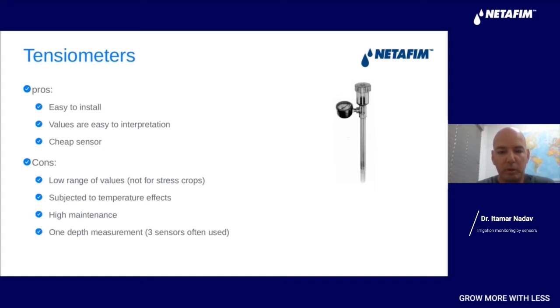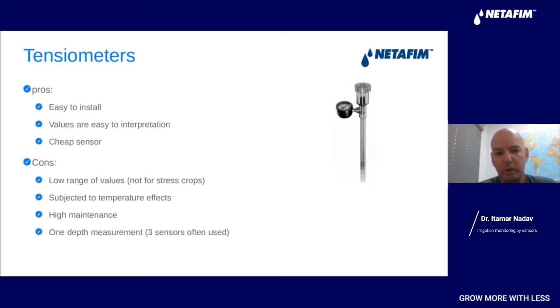The problem with the tensiometers is that they have a low range of values, so they cannot be used for stress crops like cotton and vineyards, because we are talking about much higher water stress than the tensiometer can read. It's out of its range.